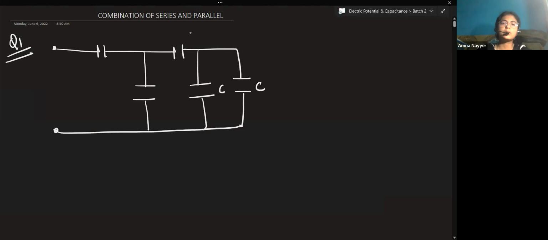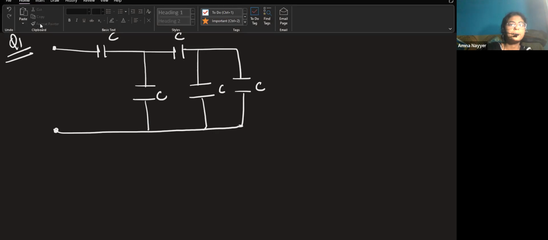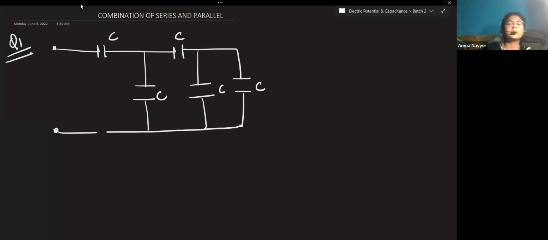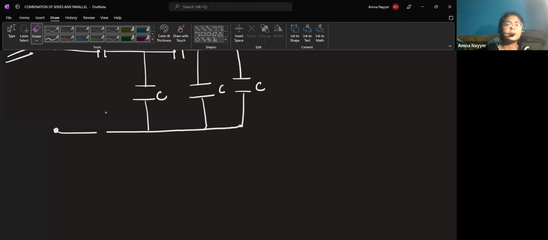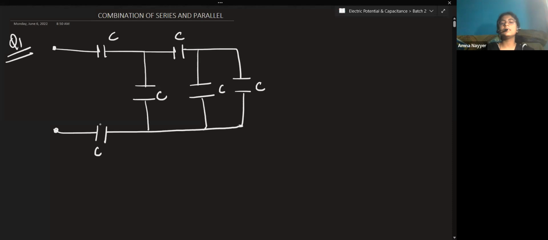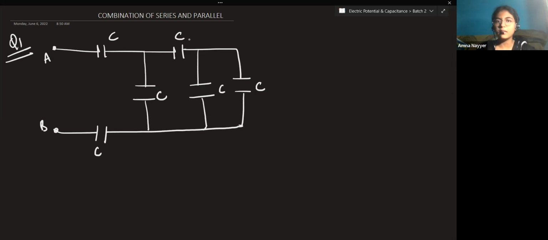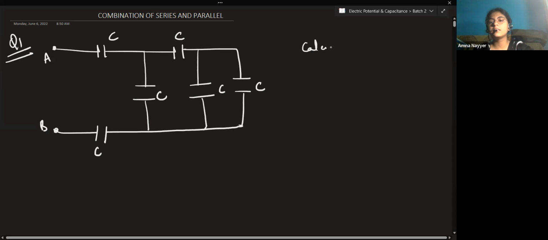This is also C, this is also C, C, C. But let me add one more. In this branch also, let me add one more capacitor over here, whose capacitance is also C. Now this is a combination where you have capacitors connected in series as well as in parallel. You have all the different capacitors connected. Now you have to calculate C equivalent across A and B.